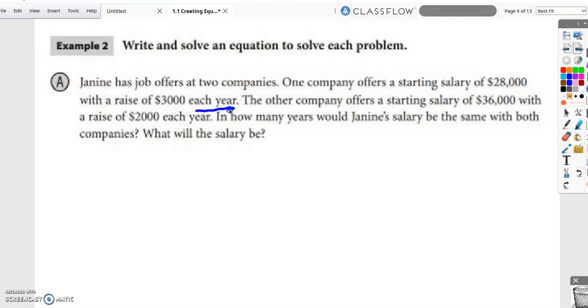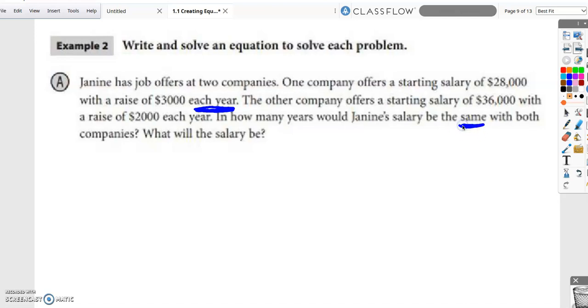Anytime you say each year, that means you're adding on to each year, so that's a way of saying multiply. The other company offers a starting salary of $36,000 with a raise of $2,000 each year. In how many years would Janine's salary be the same with both companies?